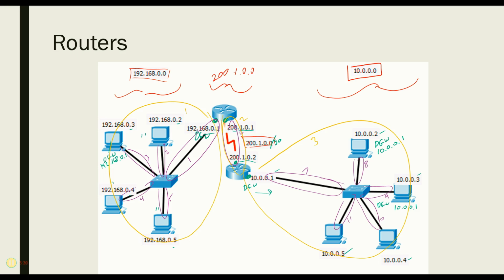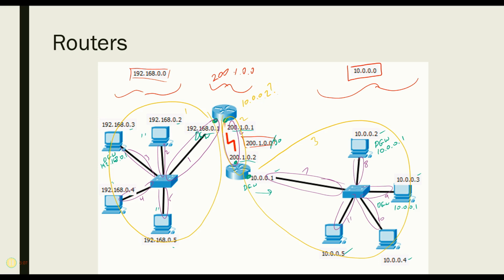One last thing I want to point out: as a packet comes into this router, let's say the destination for the packet is 10.0.0.2. Well, this router up here doesn't necessarily know about 10.0.0.2. So it looks at this and asks, 10.0.0.2, where is that?